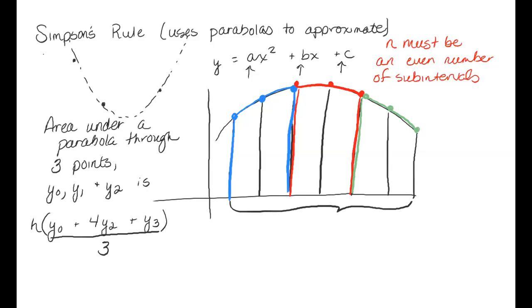That's just one piece. So for example, if I label my points up here: y sub 0, y sub 1, y sub 2, y sub 3, y sub 4, y sub 5, y sub 6, I should be able to find the area under this entire thing from x sub 0 to x sub 6.